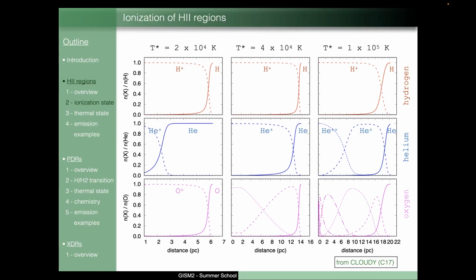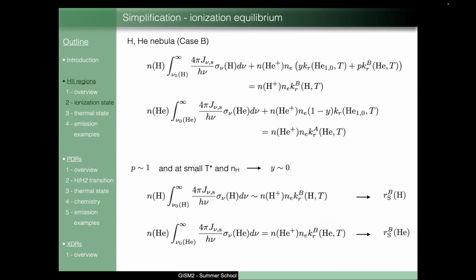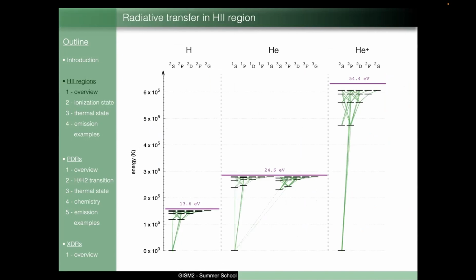But for oxygen, you must have some diffuse radiation field, a contribution from oxygen to the ionization, as well as other elements like nitrogen. Why do you consider only those two? Is that because they are the most abundant?